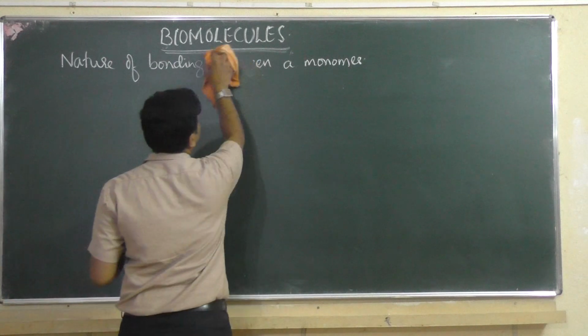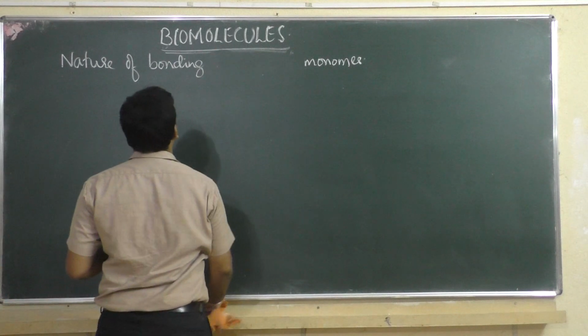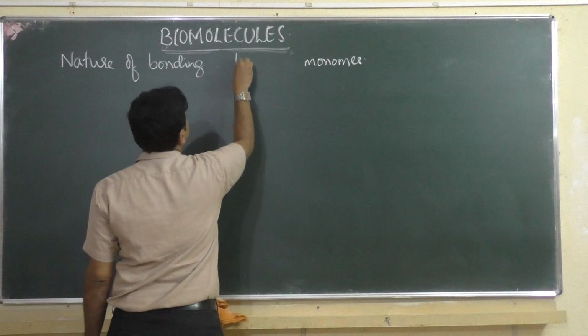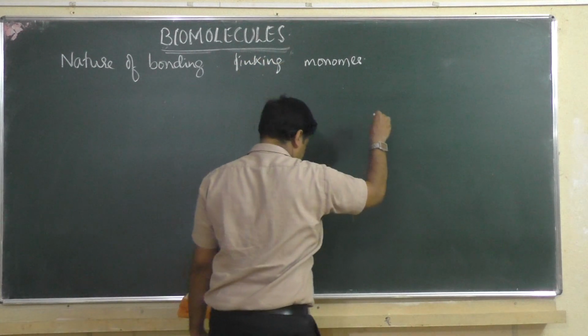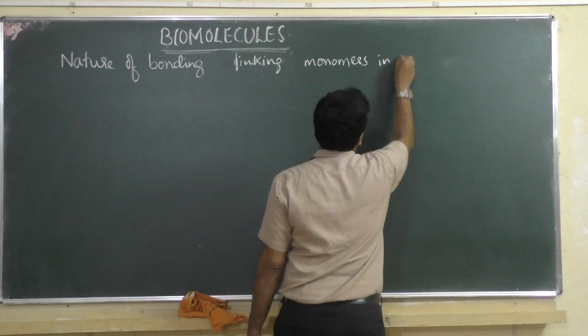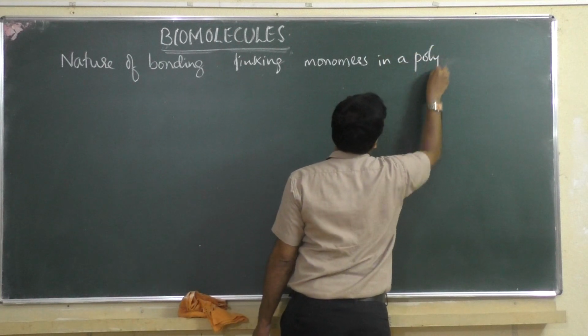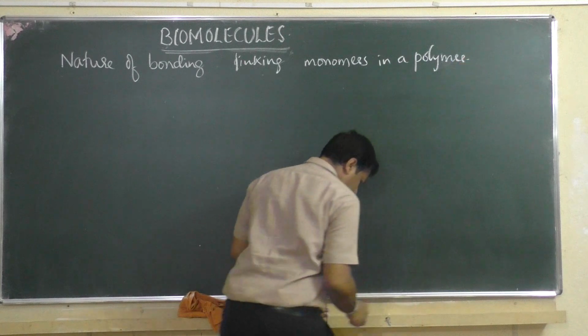We can make it very simple: nature of bondings linking monomers in a polymer.